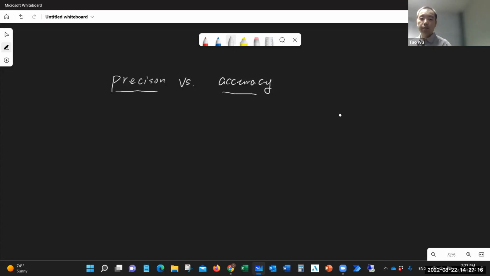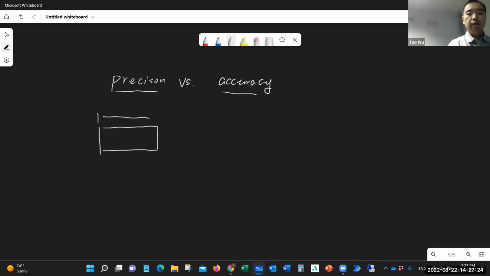So for example, the instructions show that the length of this table is 1.5 meters, although it's not accurate, but that's 1.5 meters.